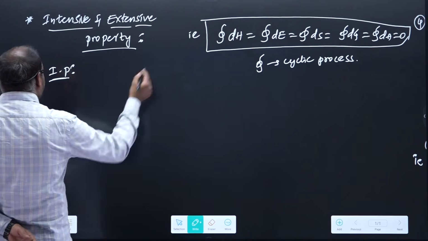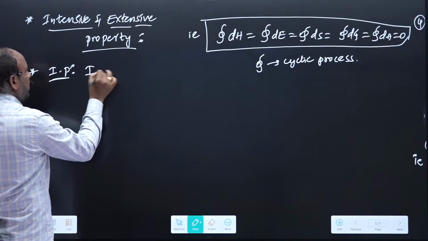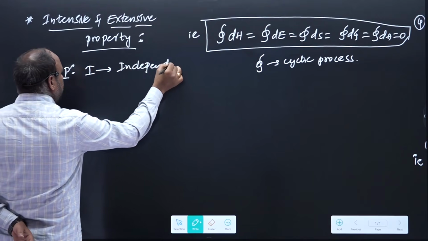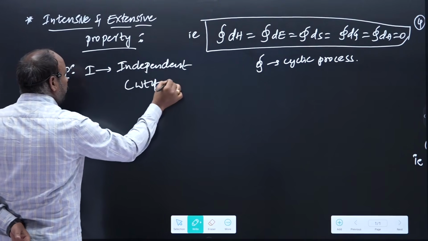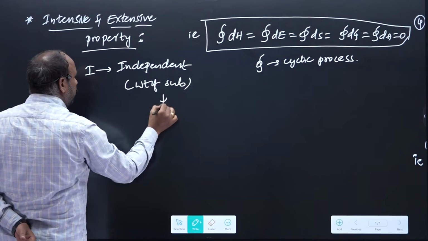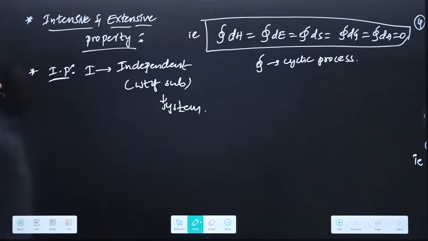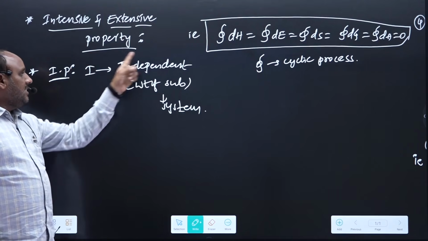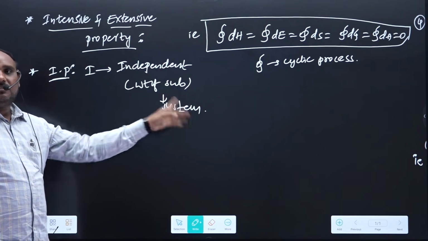Just forget about that. Just remember that independent. Intensive property means independent. What is the independent? Weight of substance which is present in what? System, right? Just write on this. Intensive property is independent of the weight of the substance that is present in the system.